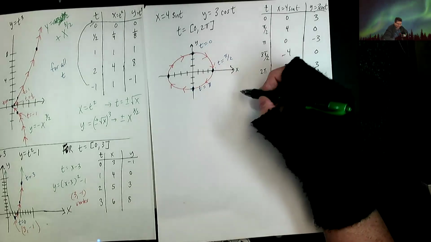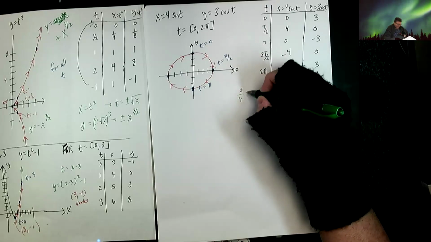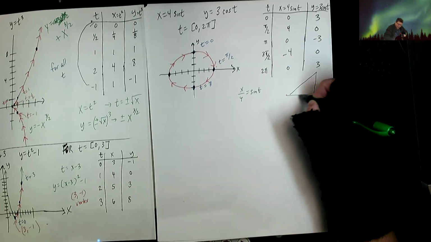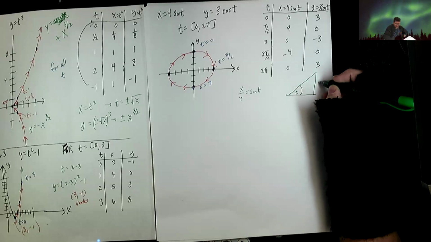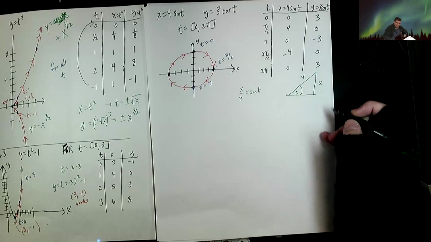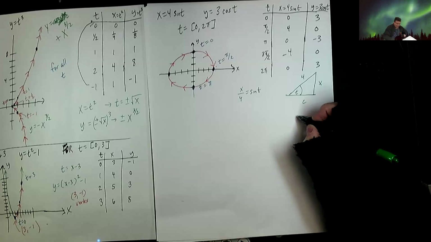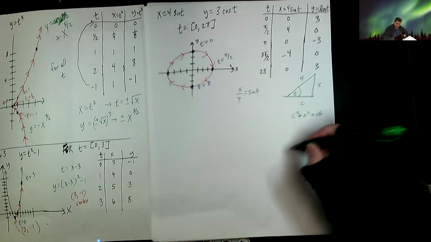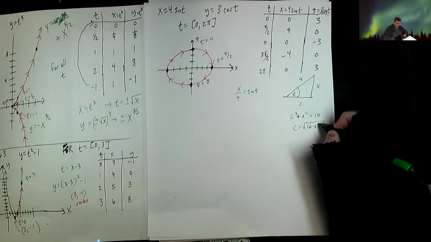And this one doesn't look like a lot of fun. But if I say x over 4 equals sine t, I can get a picture. This is angle t. Opposite over hypotenuse. I say that's c squared plus x squared equals 16. So c equals square root of 16 minus x squared.